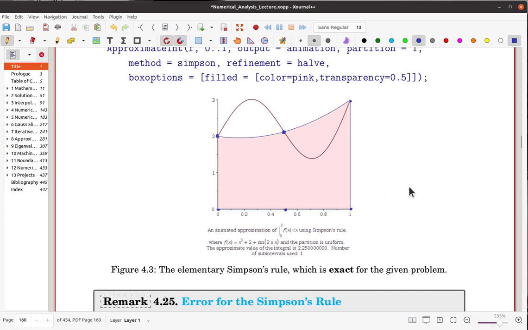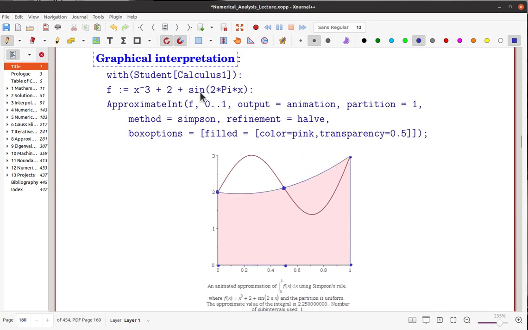It must be exact. The reason is that for this portion, the error must be 0, because at 0, pi, and 2 pi the sine values are 0, and also the integral of that one over 0 to 1 must be 0, so there is no error from this one.